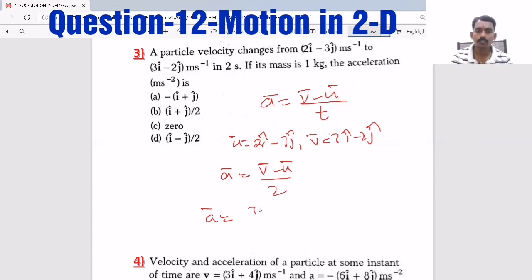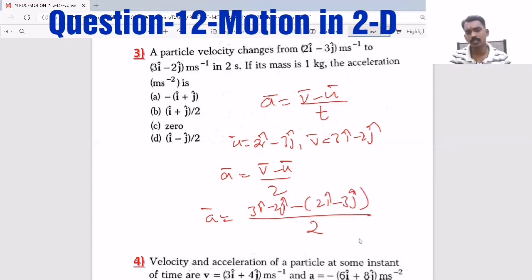Just like a bar means 3i minus 2j minus of 2i minus 3j whole divided by 2. So here, two vectors we have to subtract. When you want to add or subtract two vectors, you have to add or subtract i terms separately and j terms separately.